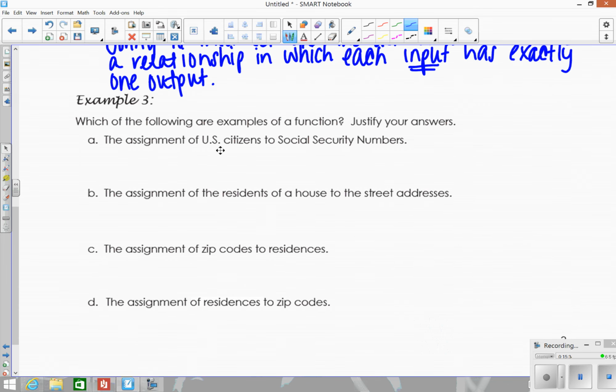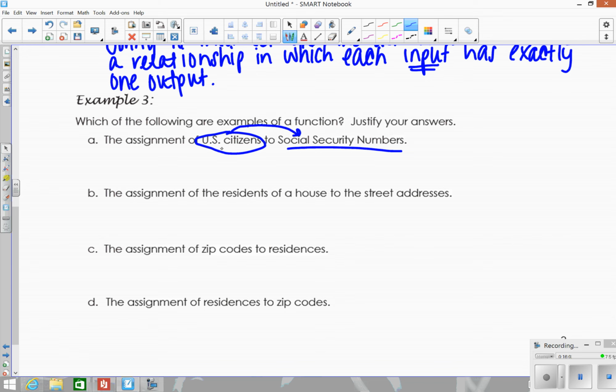So for example, if I'm looking at this one, US citizens to social security numbers, the order does matter here. Would each citizen only have one social security number? And yes, a US citizen's social security number is unique. Each person only has one of them.